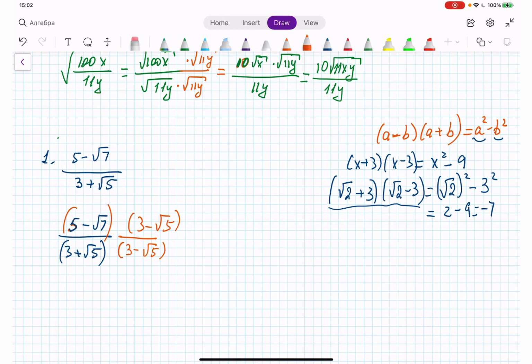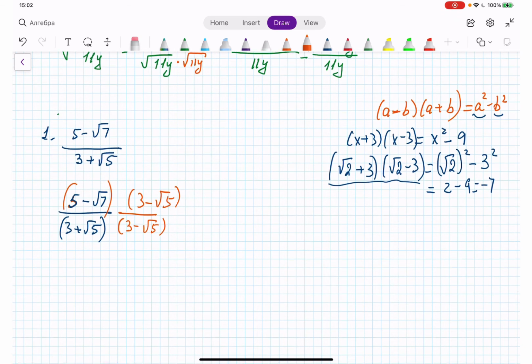All right. So from here, what are we going to get? I'm going to start multiplying all this. 5 times 3 is going to be 15. 5 times negative square root 5 is going to be negative 5 square root 5.